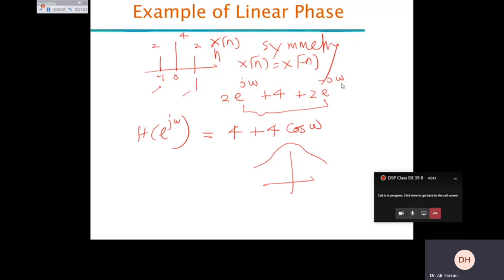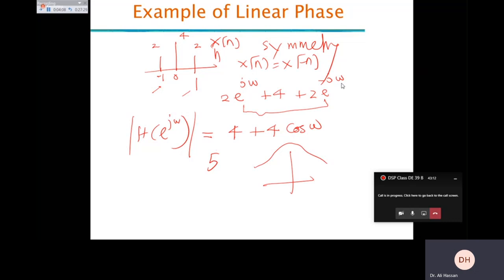So in the frequency response, you don't see any j. It's all real. Once you take its magnitude and its phase, this whole thing will be the magnitude, because there is no j in it. Like if you have the number 5 and I ask you what is the magnitude and phase, you say magnitude is 5 and phase is 0 because there is no j in it.